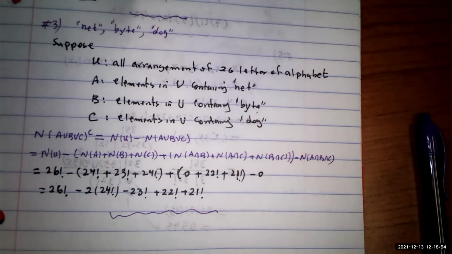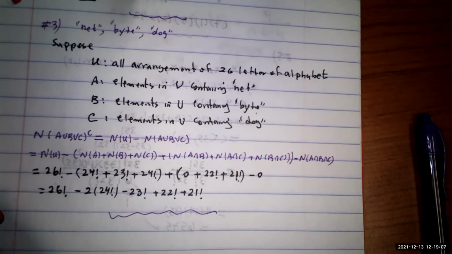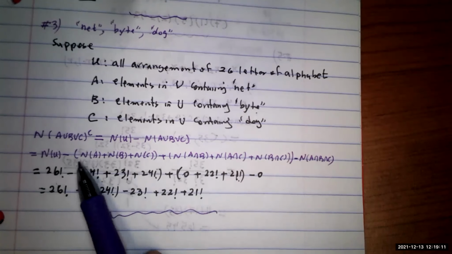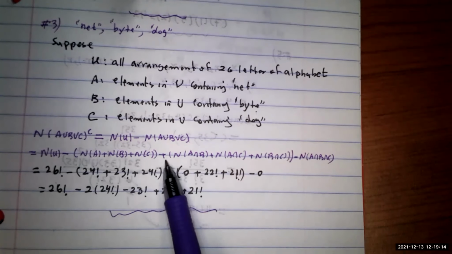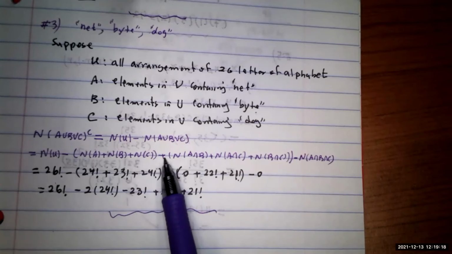Because you get the complement of the union. I think I just had some of my signs off. Yeah, because you subtract the other one, so it's going to be, as you told us, negative, positive, negative, positive.